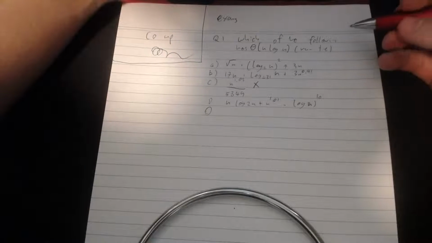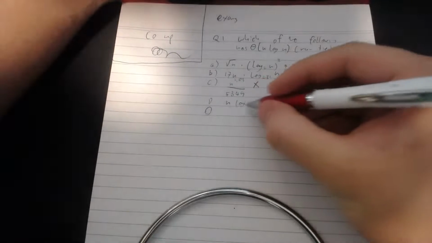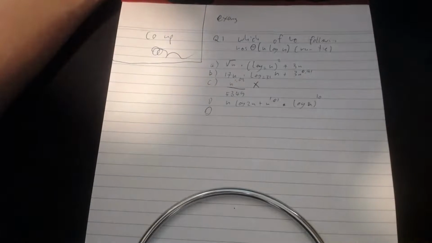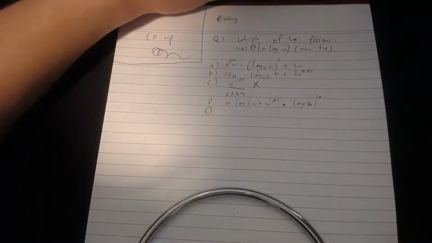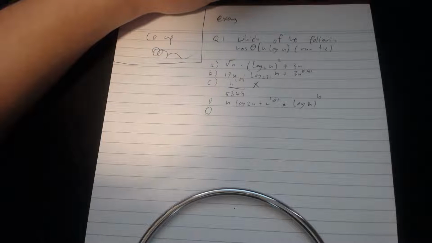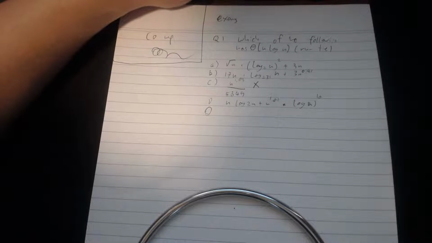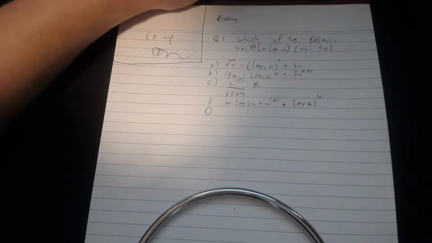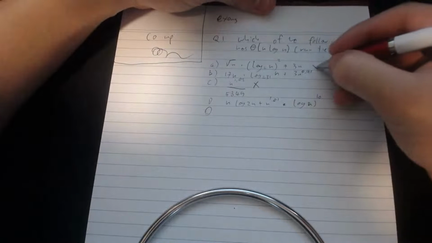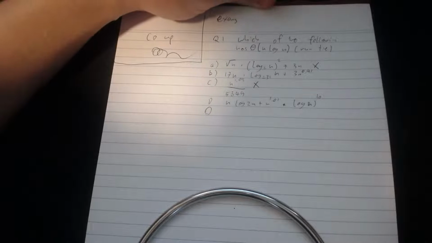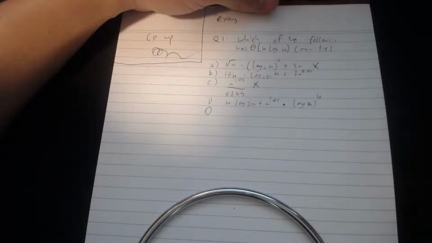So that's n log n plus pretty much exactly n times log n. And we're looking for theta n log n. So root n log n is the same as n to the half, so I don't think it's that one either. And then 17n log 231n plus 3n to the 0.91.